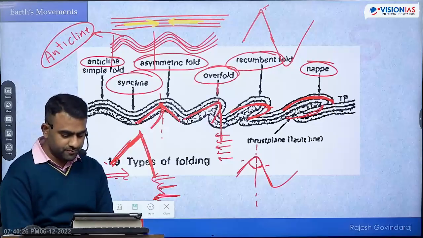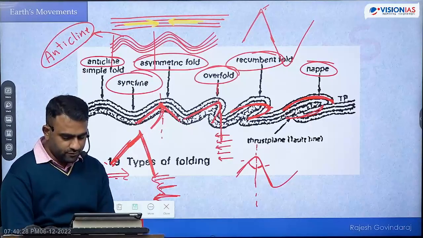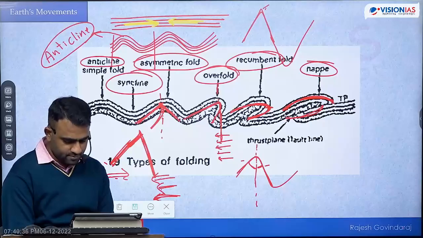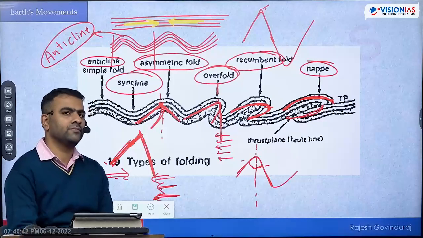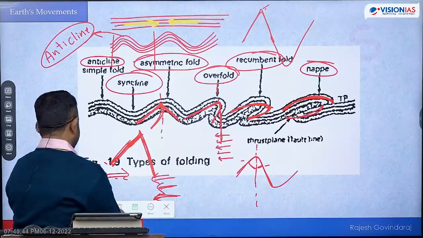Next point. The downfold is called a syncline.